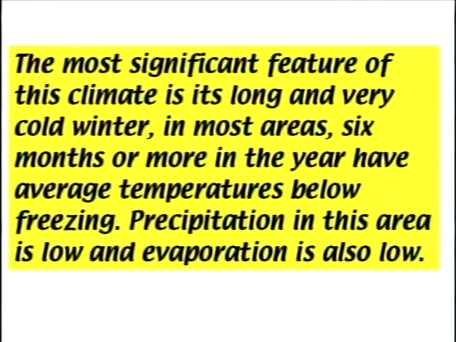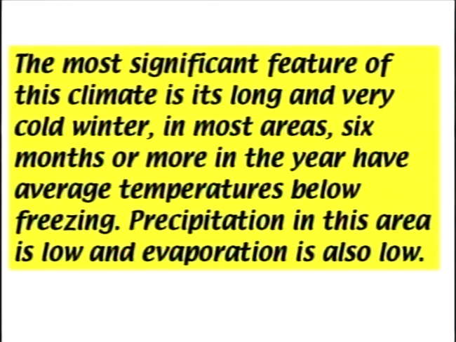If the average temperature is below freezing, that means it is below 0 degrees Celsius. We note also that because it is very cold, precipitation in this area is low and evaporation is also low. Those are some of the significant features of this type of climate.